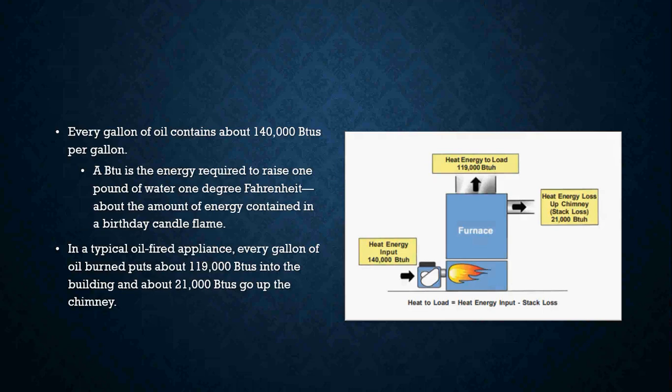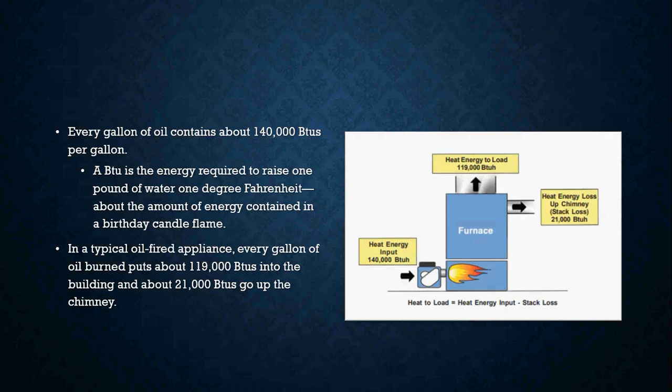It's about the amount of energy contained literally in a birthday candle. You light a birthday candle, you put your hand over it, you feel the heat coming from that. That is about 1 BTU of heat. So 1 gallon of number 2 fuel oil is equal to about 140,000 birthday candles lit up at once.